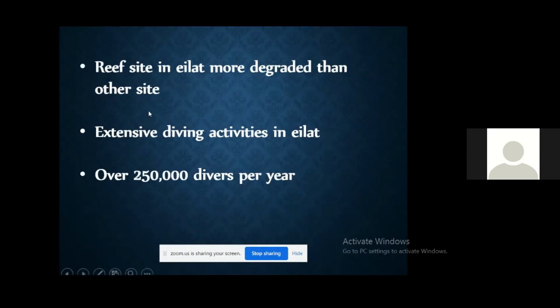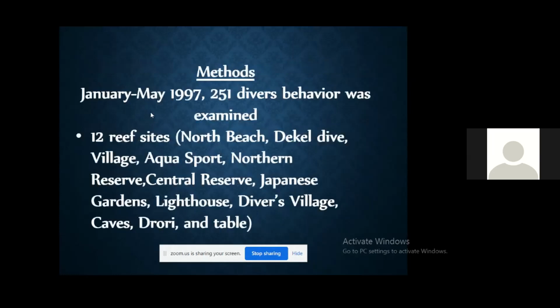It's pretty intensive activity going on every year in Eilat, and also a previous study found that several reef sites in Eilat are more degraded compared to other reef sites like Egypt, Australia, and other parts of the world.